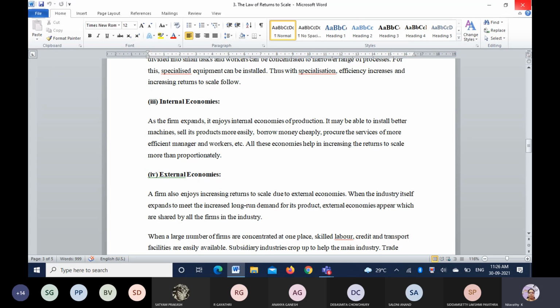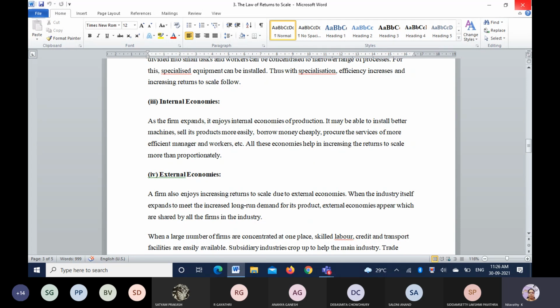So the economies become the reason for your increasing returns. Likewise, the same concept can become a diseconomy if it is not available to you. For example, even though you are in that particular industry, the laborers outside are not skilled laborers, then that becomes a disadvantage for you.